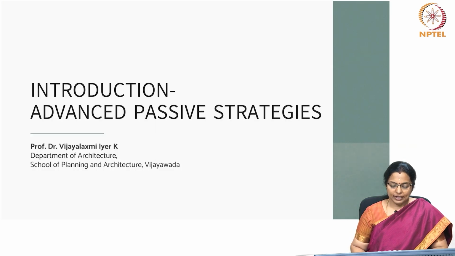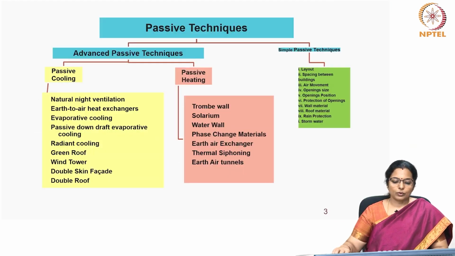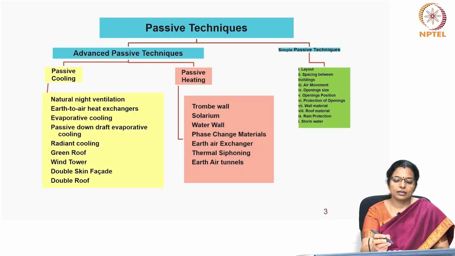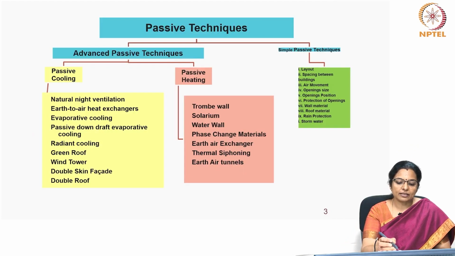So, we will look at advanced passive strategies this time. Again I reiterate, what are advanced passive strategies? Strategies that require a separate contraption to collect, store and disseminate heat or vice versa are called advanced passive strategies.